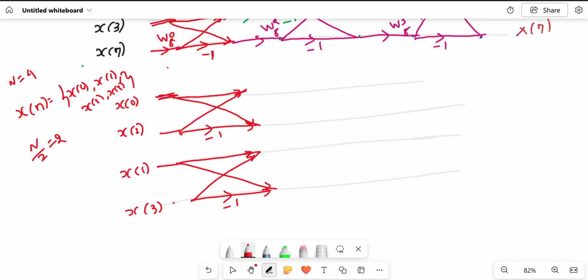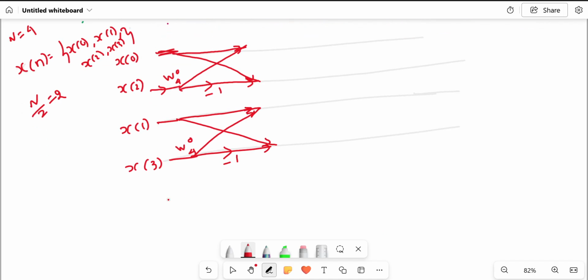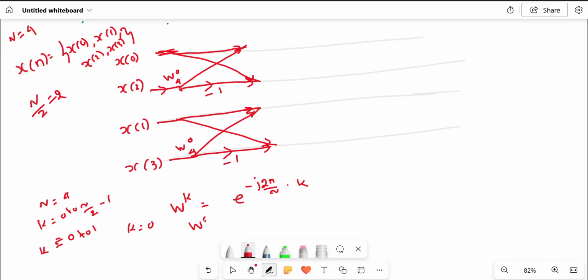So W 0 4. So here the computation you have to perform. W power k is equal to e power minus j 2 pi by n into k, where n is equal to 4, so k equal to 0 to n by 2 minus 1, so k equal to 0 to 1. When k equal to 0, W power 0 4 is equal to 1.